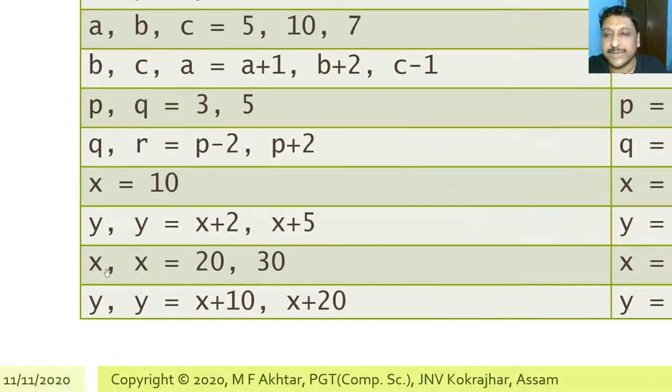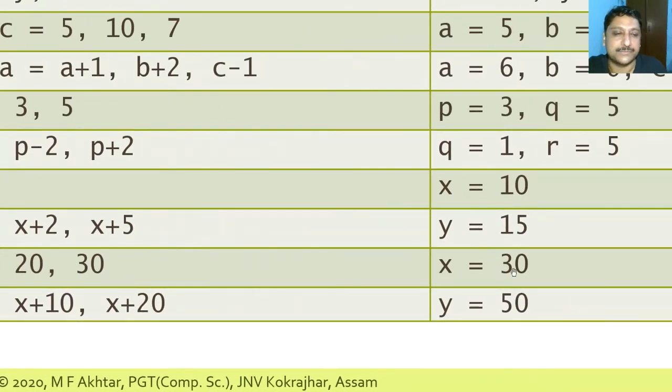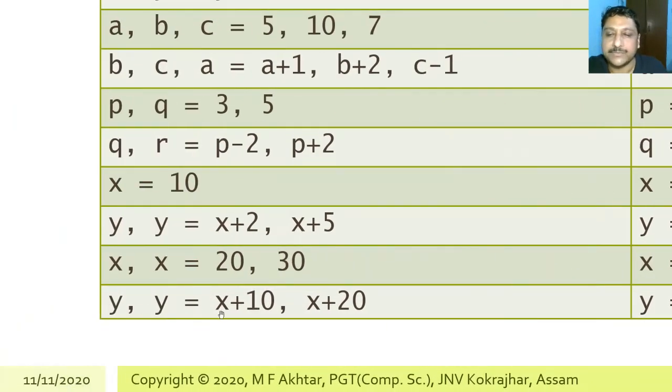Understood? Now x comma x is given 20 and 30. Then again what happened? The next value will be assigned, x equals 30. Here y comma y equals x plus 10 and x plus 20. Now previously the value of x is 30. Then x plus 10 will give you 40 and x plus 20 will give you 50.